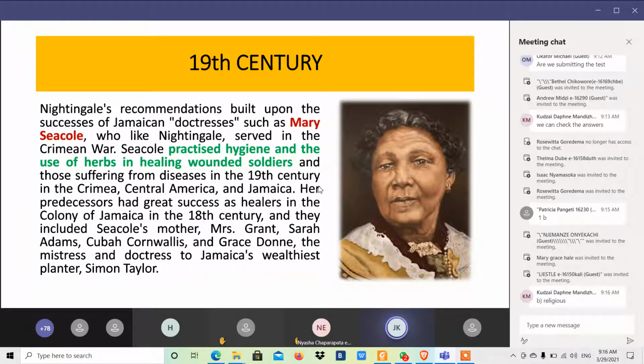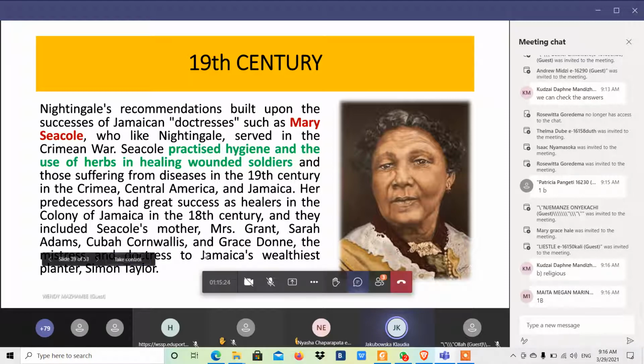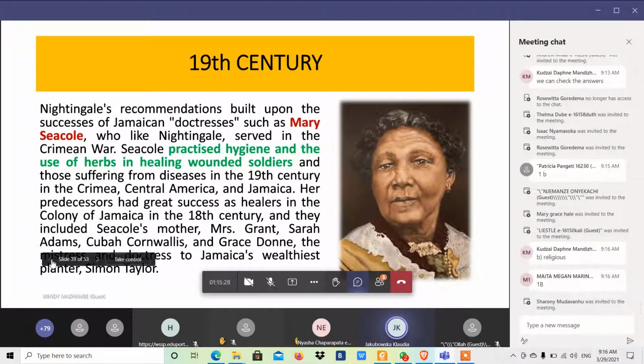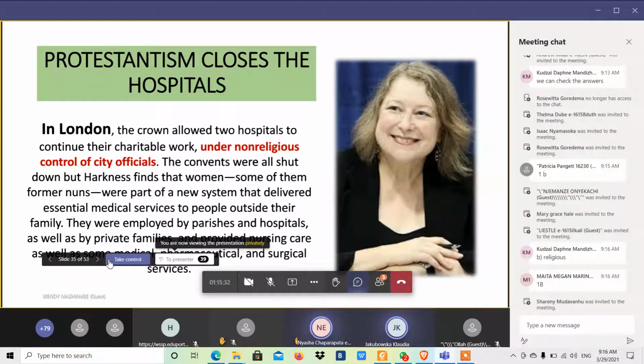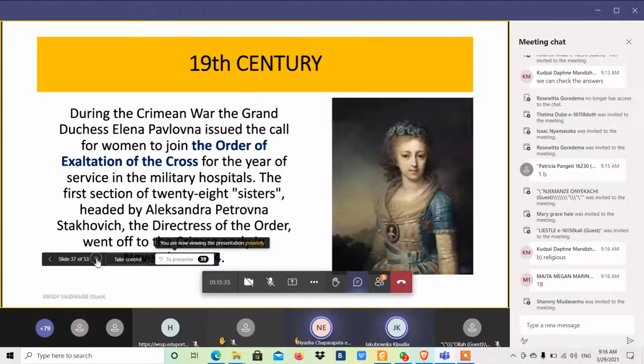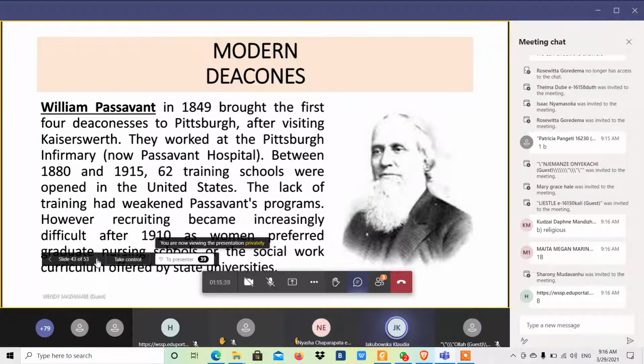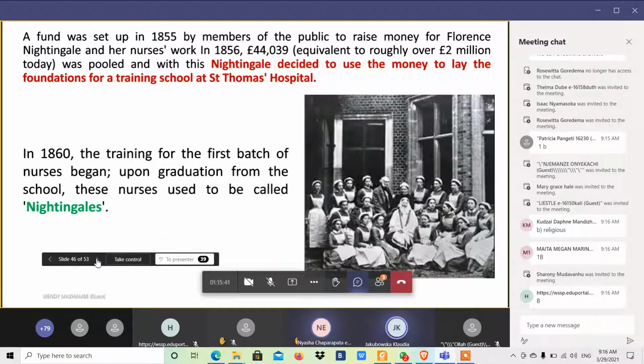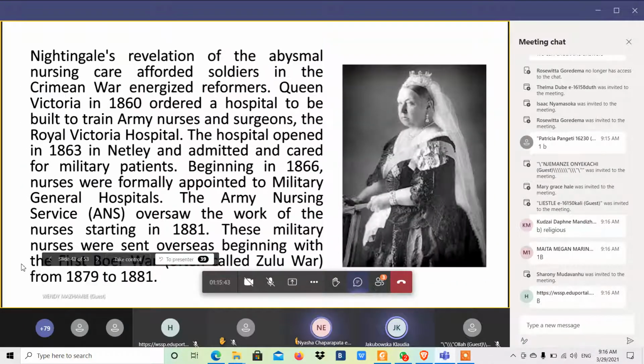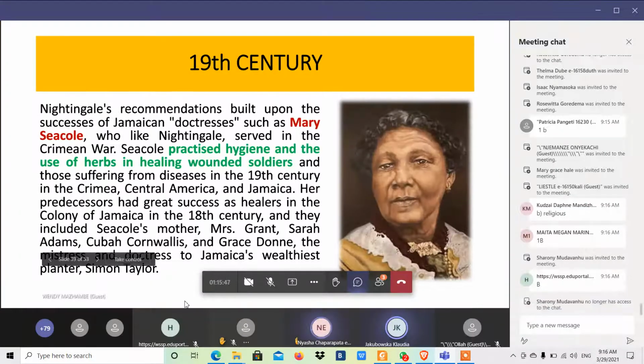I will show you this slide. They were religious communities with care provided by monks and nuns.